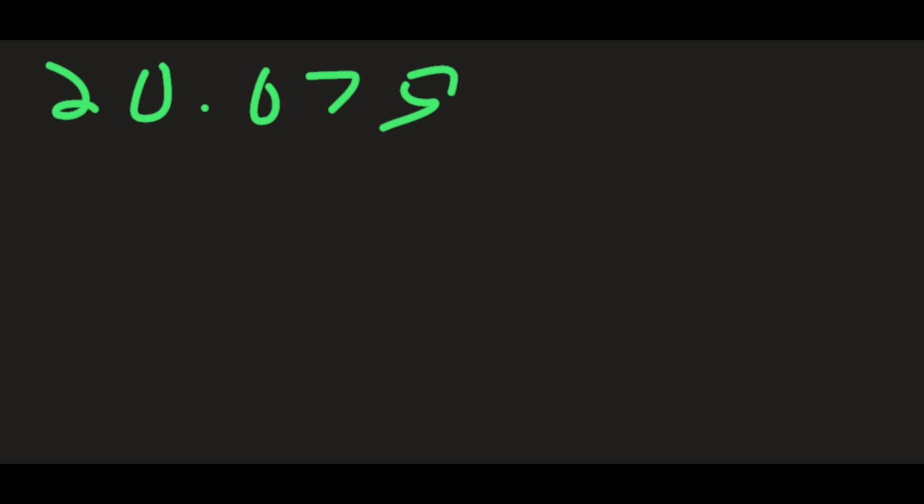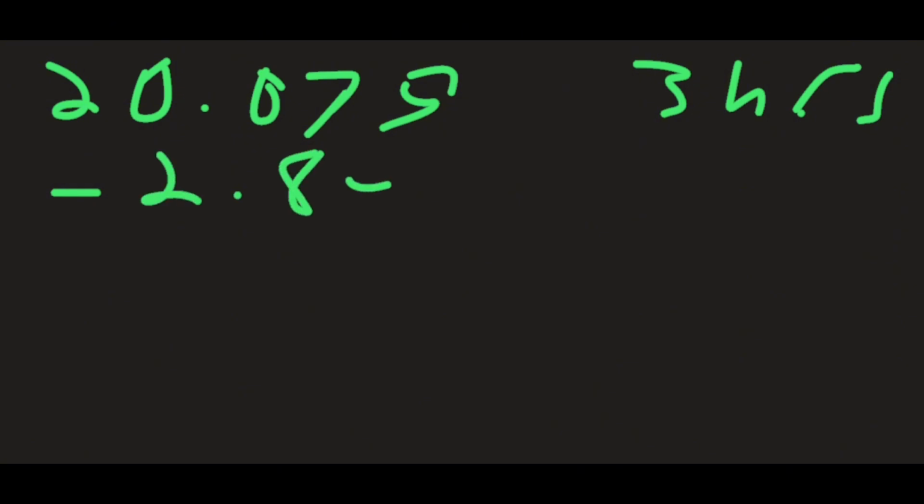In this problem, we have a popsicle that weighs 20.07 grams. And we are going to be calculating the mass of it as it melts over a period of 3 hours. In the first hour, it lost 2.8 grams. In the second hour, it lost 3.79 more grams.